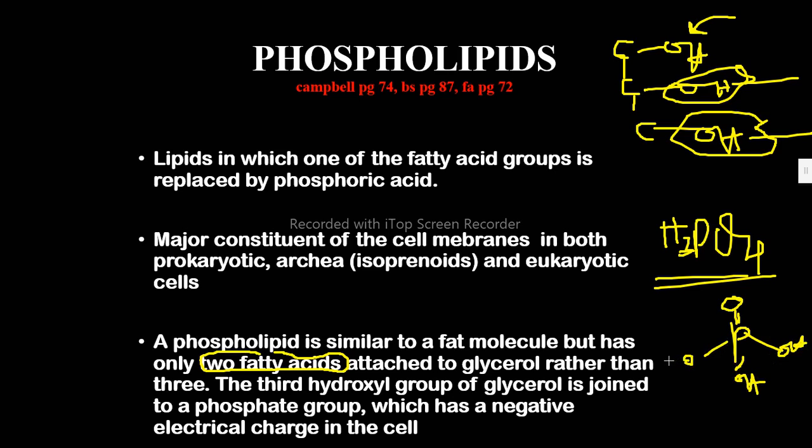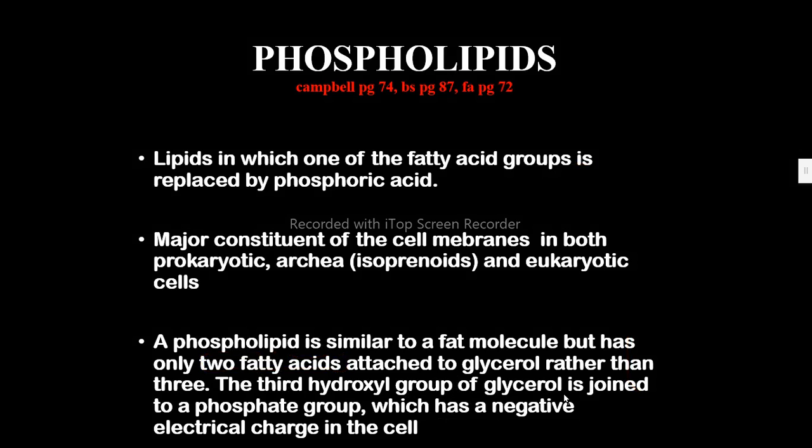So in your mind you should be thinking, why phosphoric acid instead of a fatty acid? What unique feature does this phosphoric acid have that you are basing on to replace this fatty acid with a phosphoric acid? So the third hydroxyl group of a glycerol is joined to a phosphate group, which has a negative electrical charge in a cell.